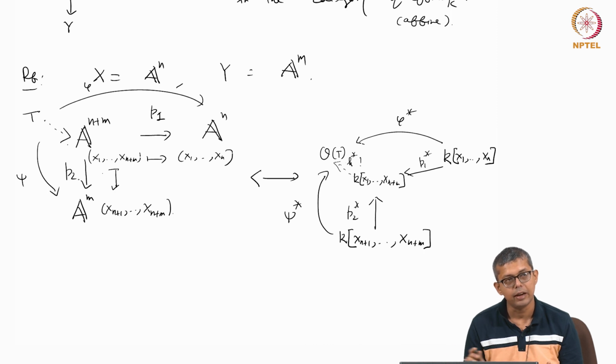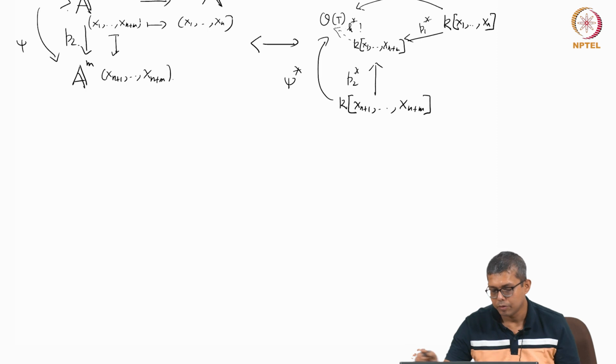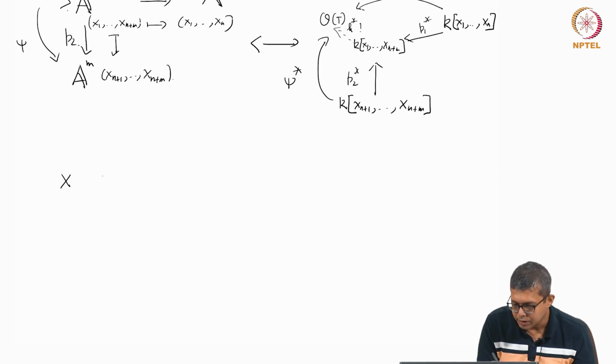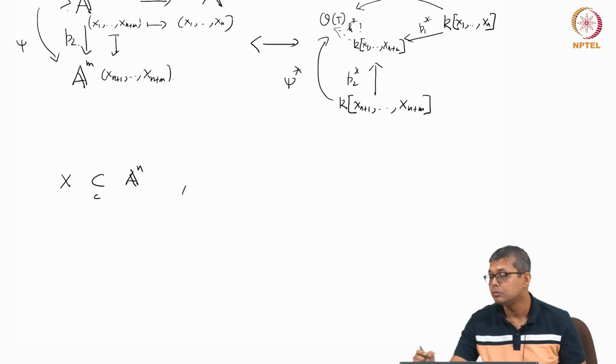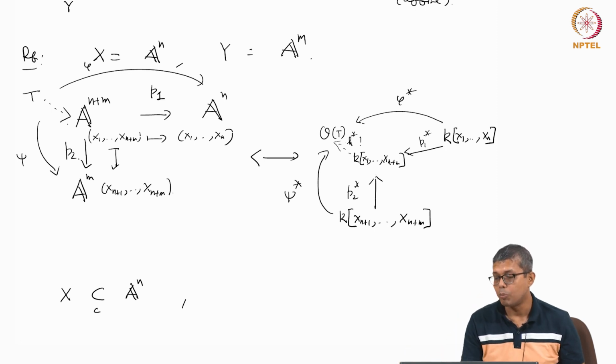But that was when X equals A^n and Y equals A^m. Now assume that X is a closed subset, is affine. Because it's a co-product.